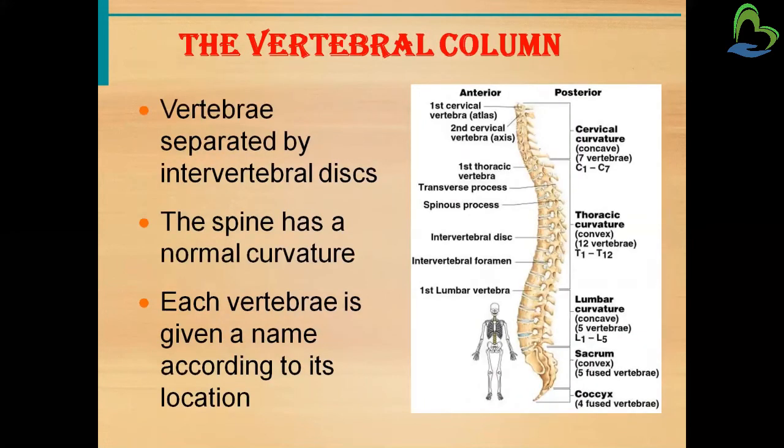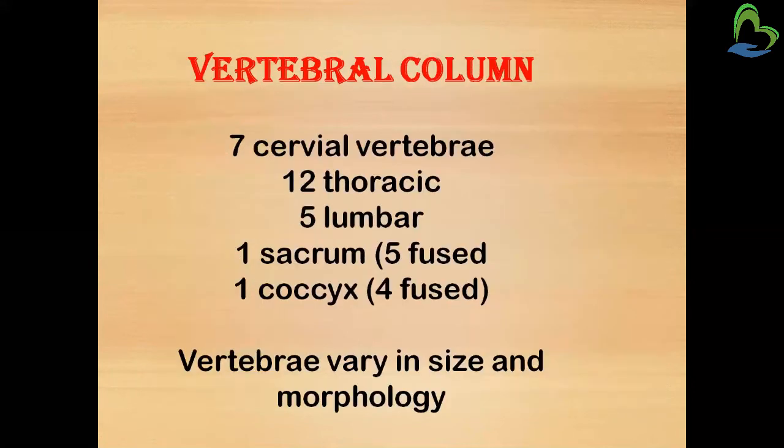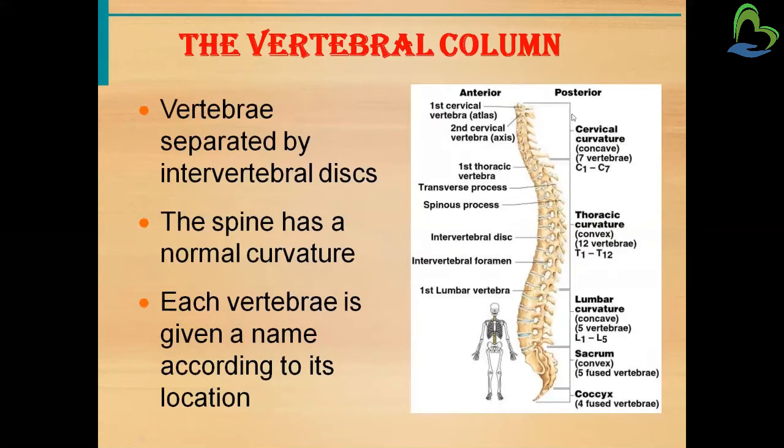Now the vertebral column. The vertebrae are separated by the intervertebral discs, as we know, and the spine has normal curvatures. Each vertebra is given a name according to its location. Here you can see this is the cervical curvature and it contains C1 to C7, right?